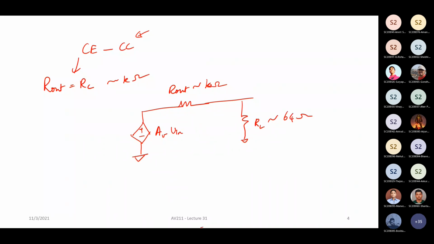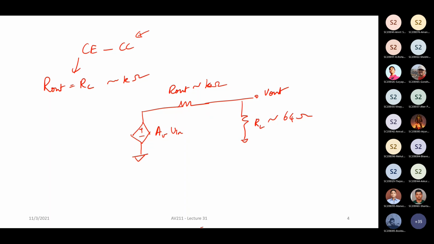All the voltage will drop across R out, and your actual V out will be literally nothing. So a common emitter by itself, because it has a high output impedance, cannot drive low impedance loads. I took the same example of headphones or speakers and explained in class.